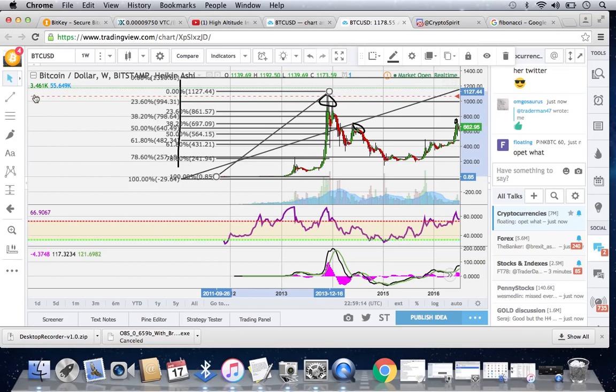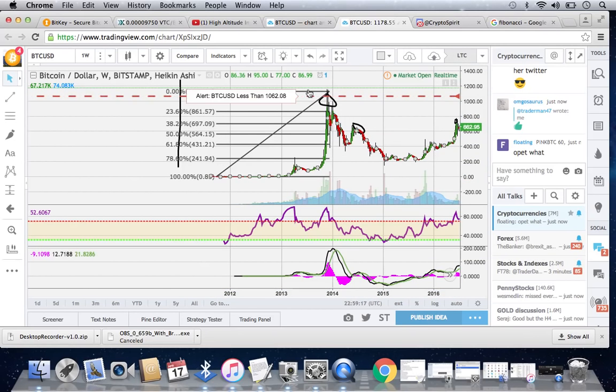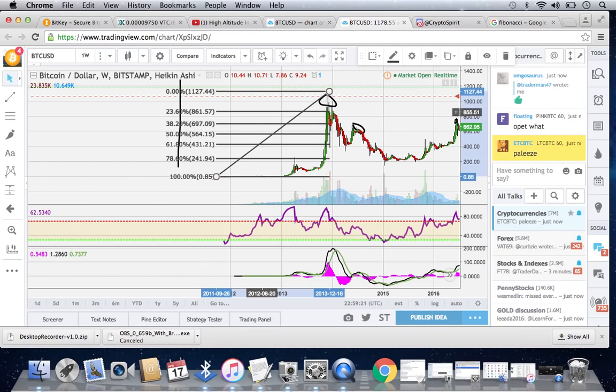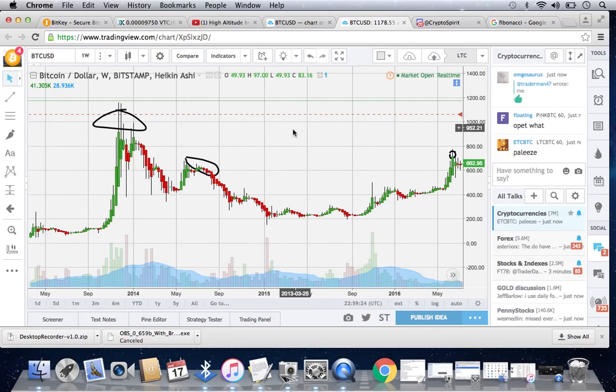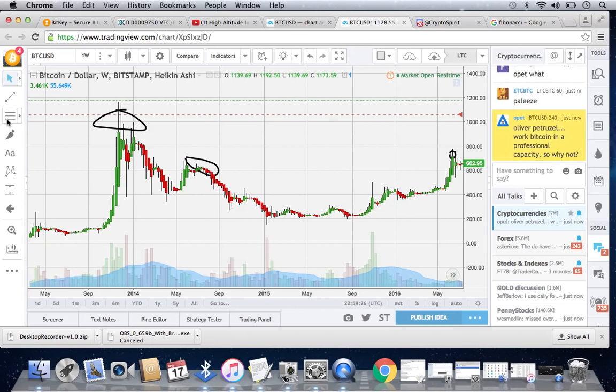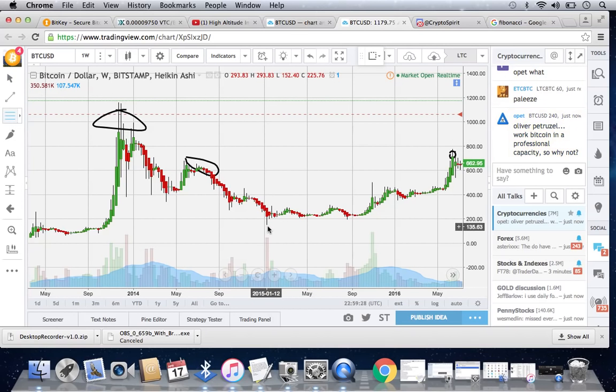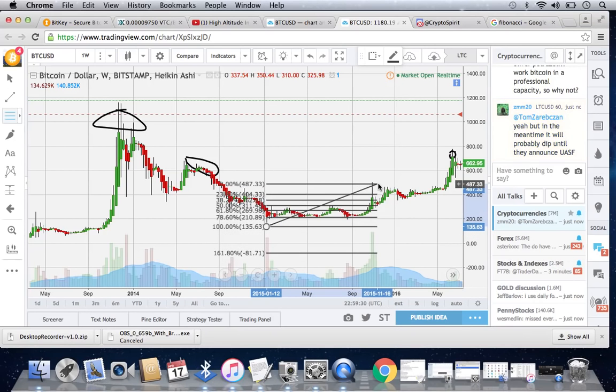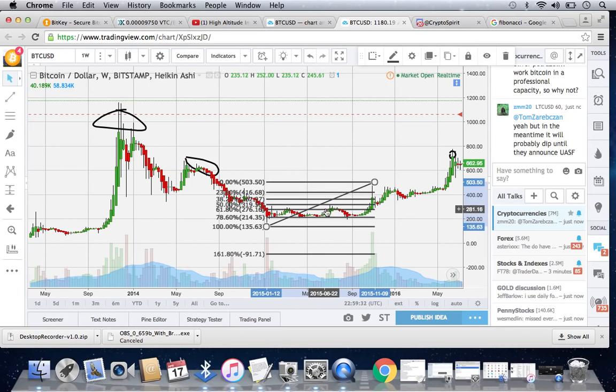You can also draw these anywhere in markets, right? It doesn't matter where you do it. I just went from the lowest point to the lowest high, but you can go from a relative low to a relative high. So here's a relative low, and here's a relative high. And as you can see, Bitcoin still reacted to these fib levels.